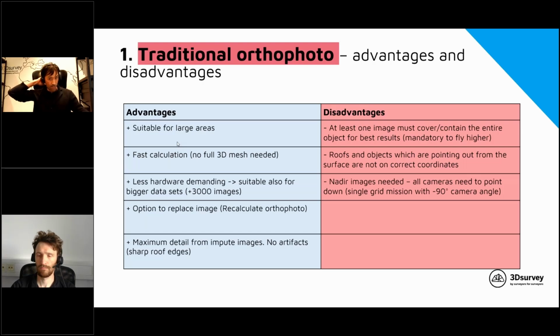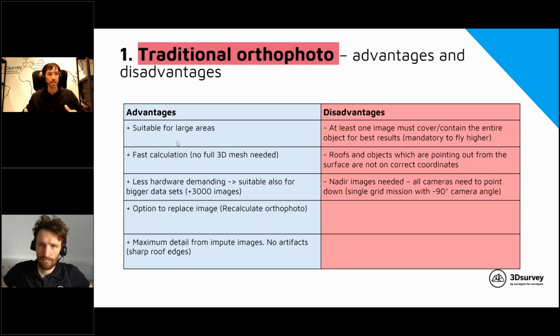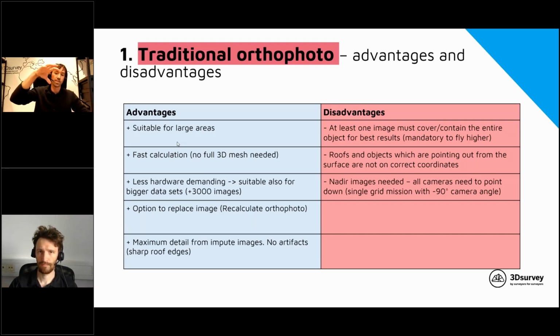And then the third disadvantage, you need to have nadir images, where the camera is pointing perfectly down. Usually you get this with a single grid mission, which is the most effective way for mapping. You can easily cover large areas, but in case you did a double grid mission with a 45 degree camera and you try to calculate a traditional orthophoto, this is not going to work, okay?